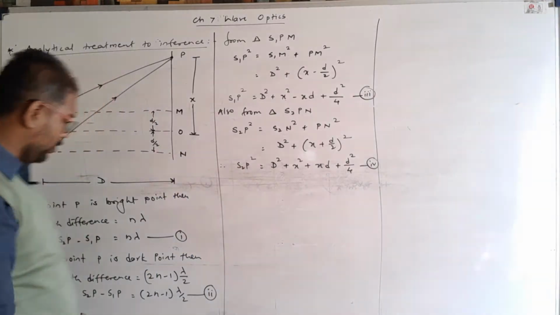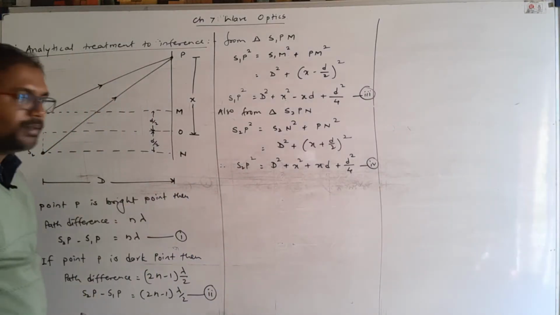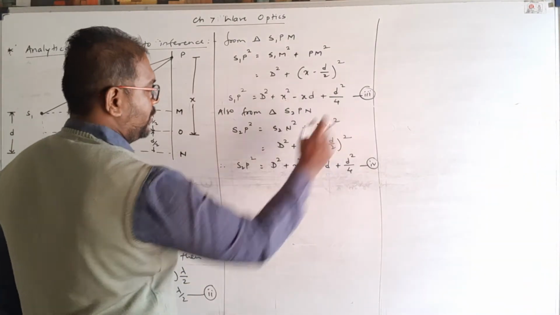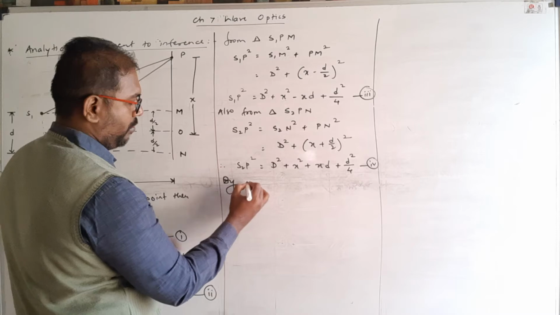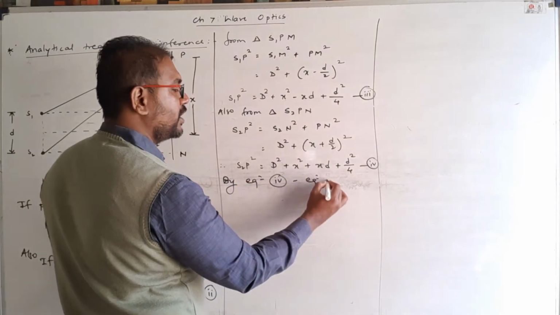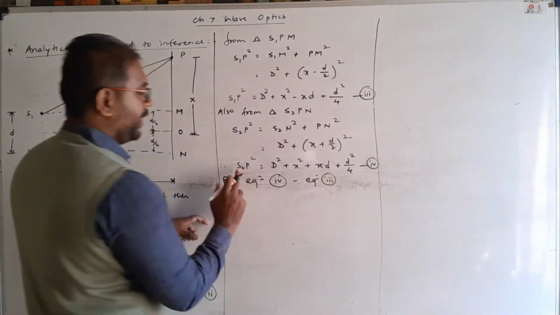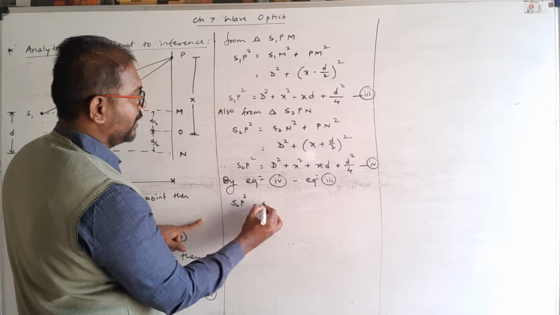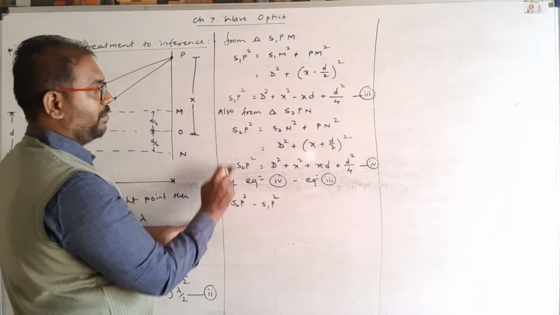What we have to find out is S2P minus S1P. So I can do equation 4 minus equation 3. Now what we get? S2P square minus S1P square, this minus this.